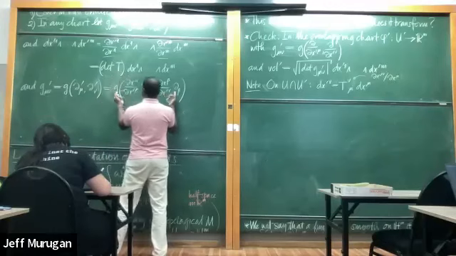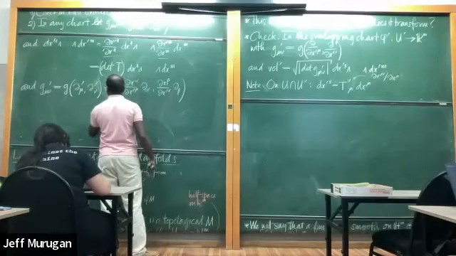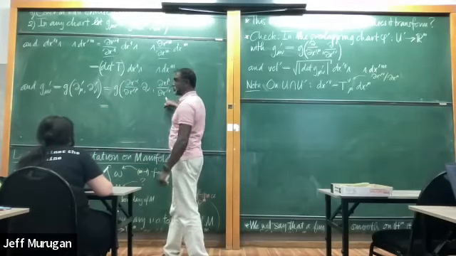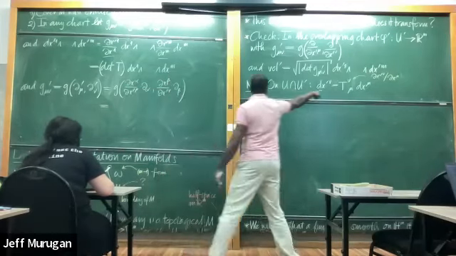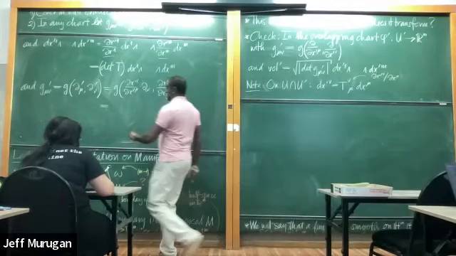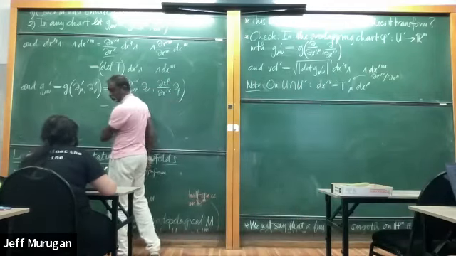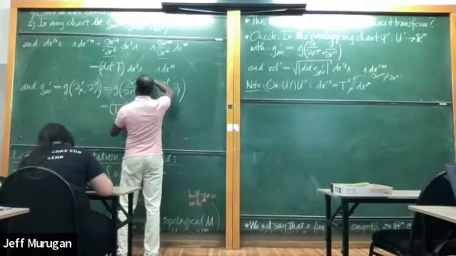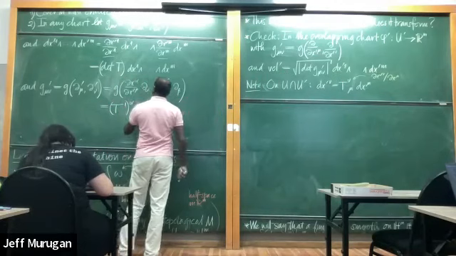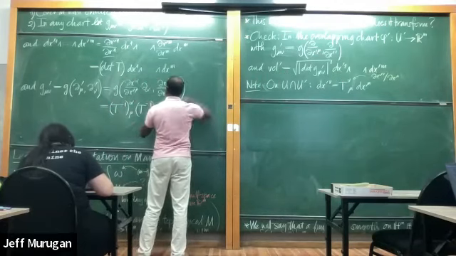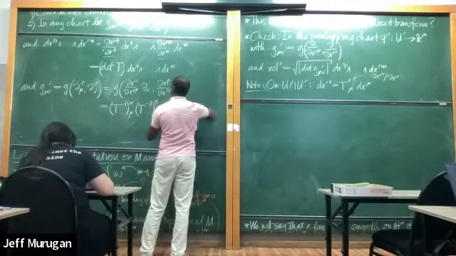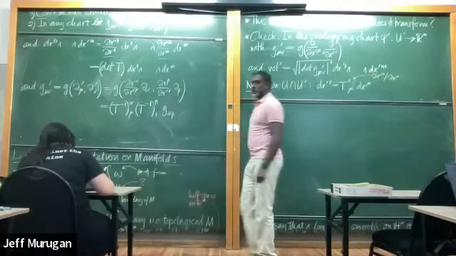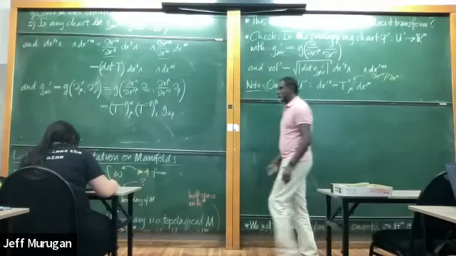I can pull these out because G just acts on the basis vectors. This is nothing but T inverse, and this is nothing but T inverse as well, if you look at what T is. So this is the alpha mu component of T inverse, the beta nu component of T inverse, times G alpha beta. And then I can take determinants on both sides, and the determinants factorize.